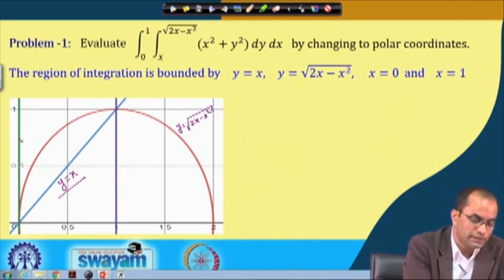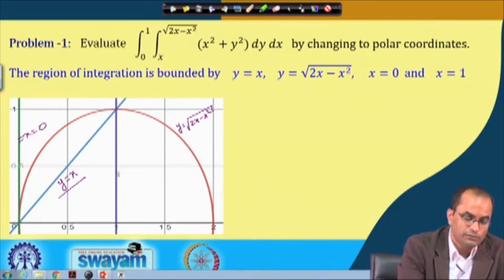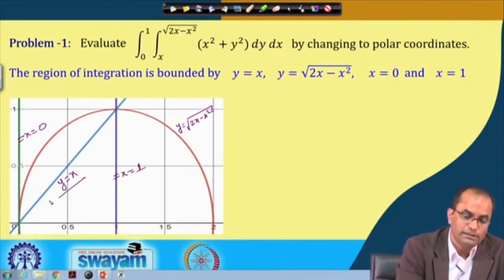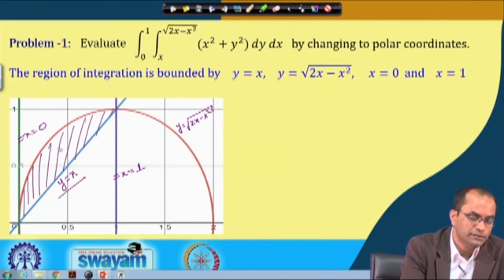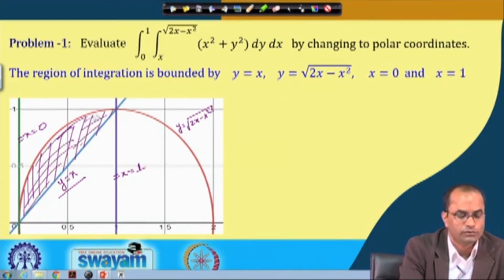So, this is x is equal to 0 line to x is equal to 1 line, and the region enclosed by this one. So, from the line y equal to x to the circle. So, this is the region of integration which we are using here, and we have to now cover it with the help of the polar coordinate.